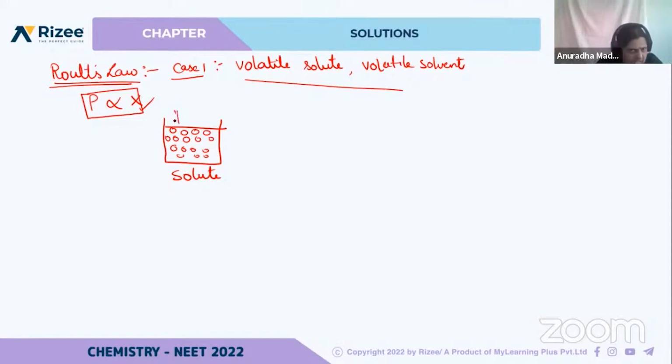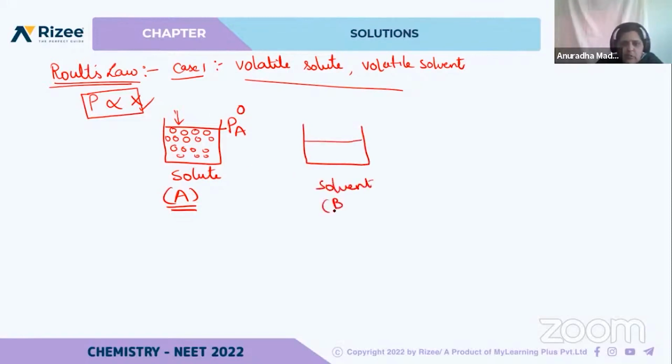Then some pressure is going to be exerted by this gas. That is nothing but vapor pressure. Let's take this as PA0, the pressure exerted by the gas. Let's name this solute as A, then the partial pressure exerted by the gas is PA0.